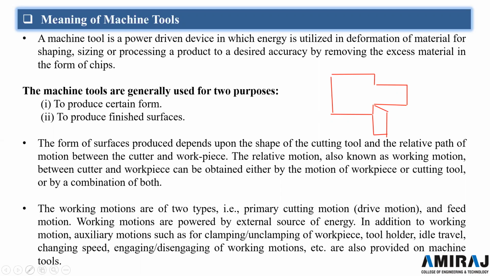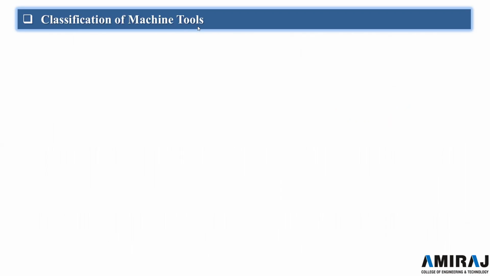So the primary drive motions are from the external power source, and the auxiliary motions like clamping and unclamping of the tool and workpiece, idle travel, changing speed, and engaging and disengaging of working motions are also provided to the machine tool. Now the next is classification of machine tools.